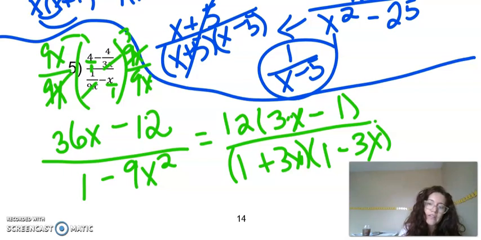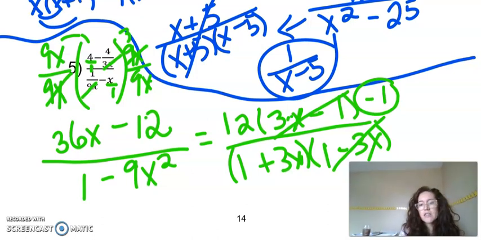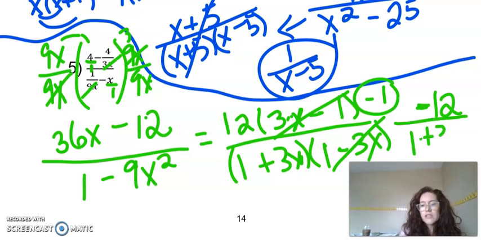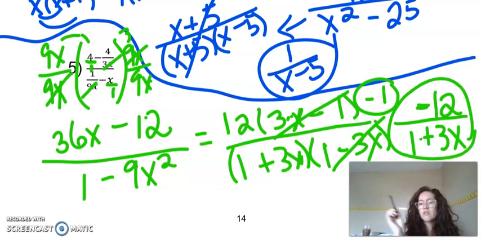If I multiply this row by negative 1, it looks like that. So I put my negative 1 in a circle so I don't forget it, and I get negative 12 over 1 plus 3x. Be the kid that knows they're done.